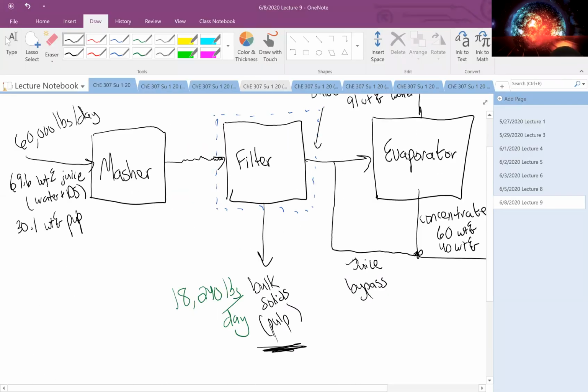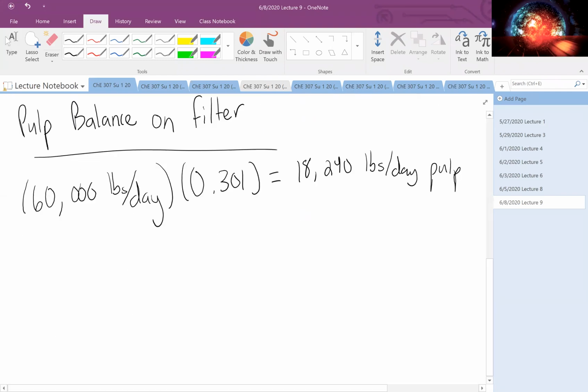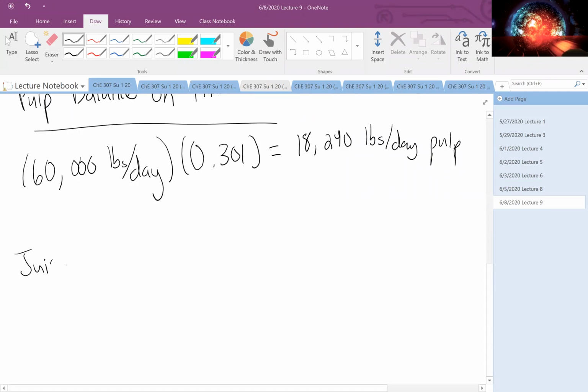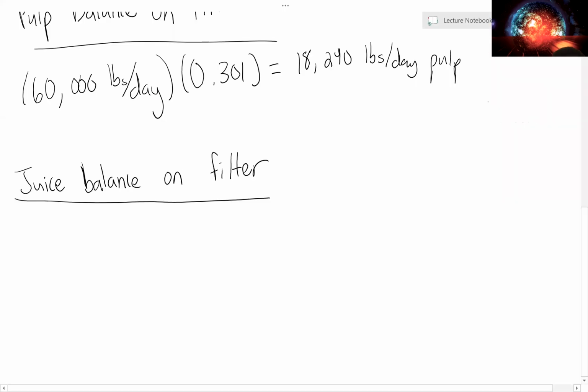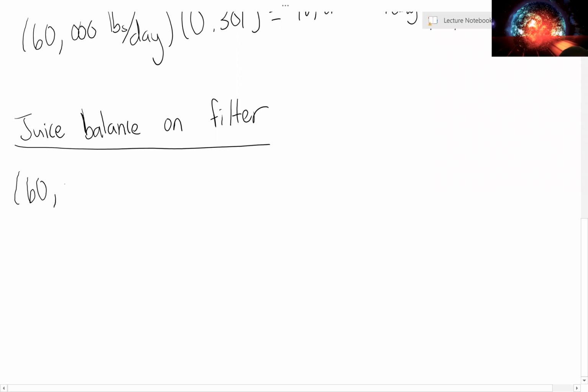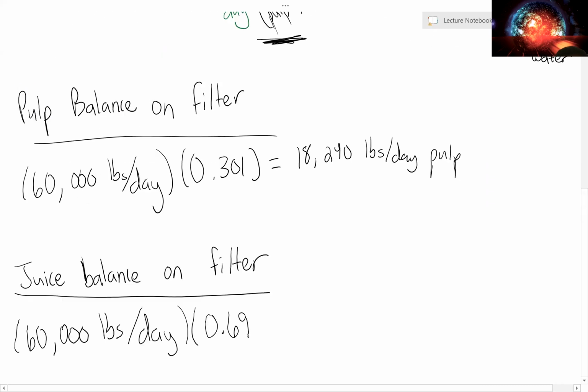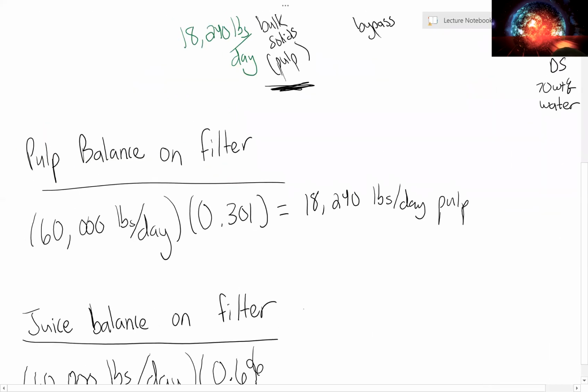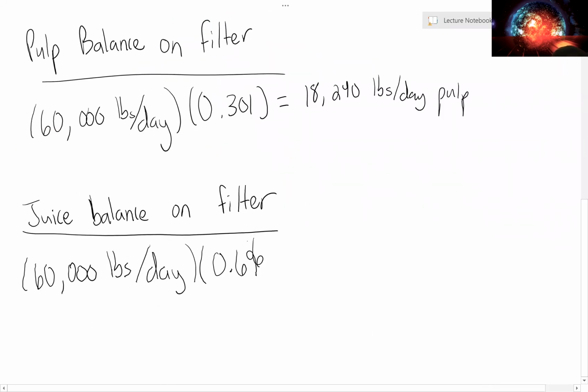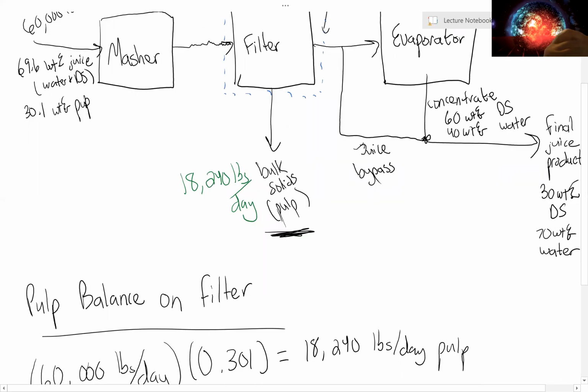That means if I do a balance on the filter in terms of juice, what's leaving the filter as juice should be that 60,000 pounds per day times 0.696. I can erase it. Actually, this should be 0.4.